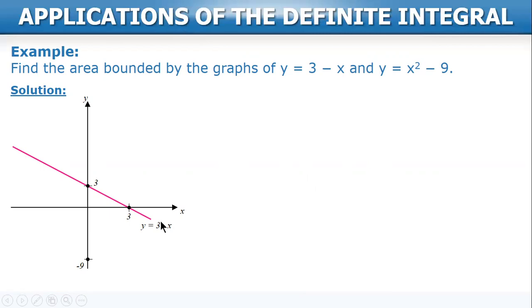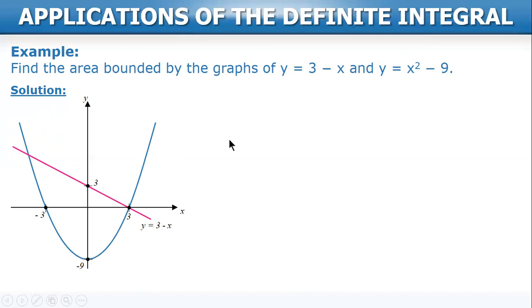So there are 2 points, positive 3 and the other one is negative 3. And then you connect them, you have a parabola. So after sketching the graphs, you now have an idea that the line is the upper graph and the parabola being the lower graph.